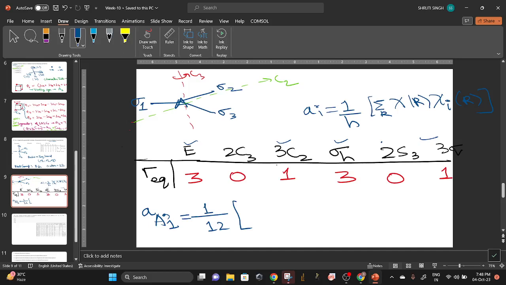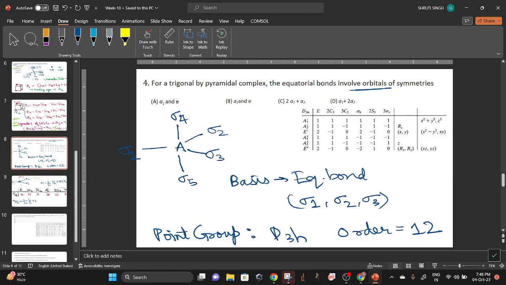Even if I multiply anything with 0, it will be 0, so it is better not to write that down. So 1 into 3 into 1, because the coefficient is 1 and the character under A1 dash is 1. Here all the characters are 1, it is totally symmetric.